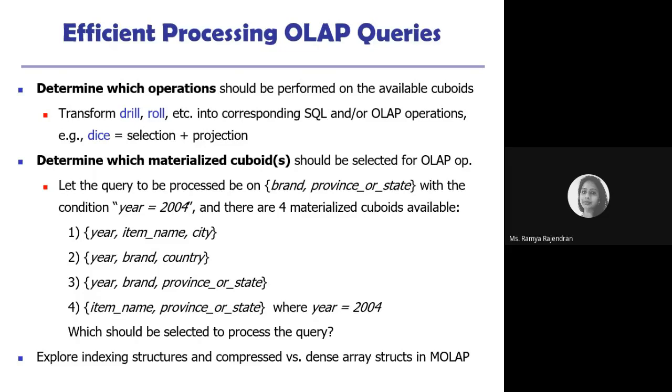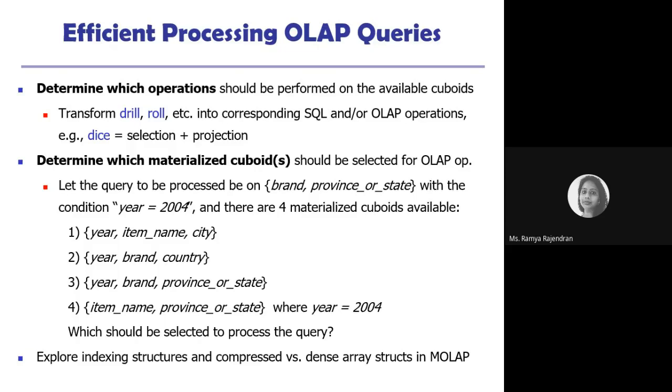So we have to determine which materialized cuboid to select. For example, if you have to find information for brand and province location information for the year 2004, we can either go from the year, item name, city cuboid, or year, brand, country, or year, brand, province, or item name, province, where year is equal to 2004.